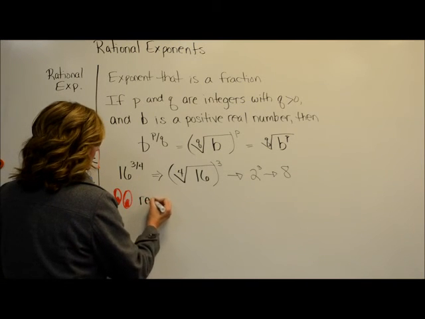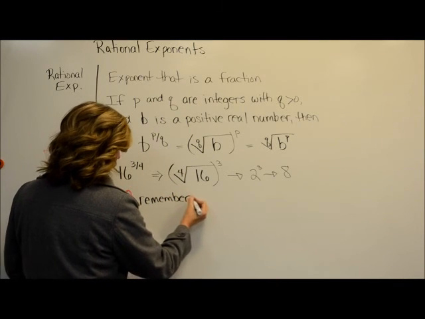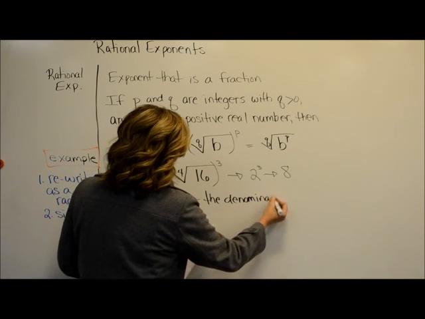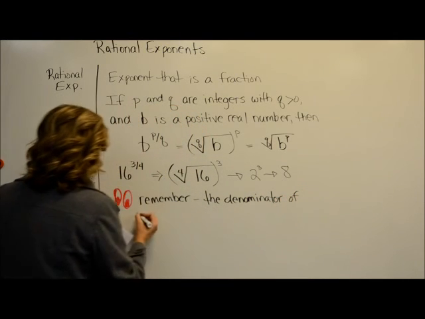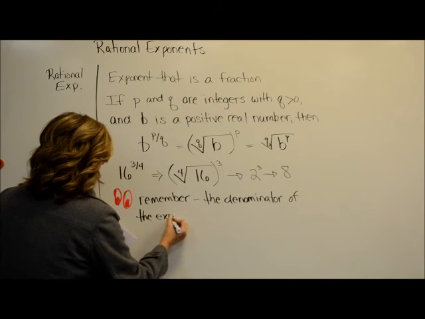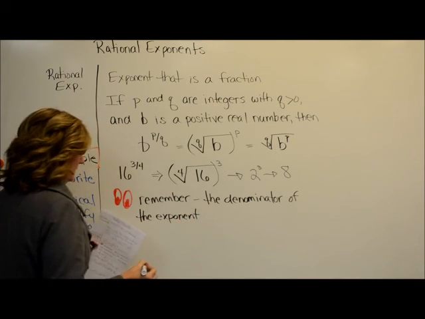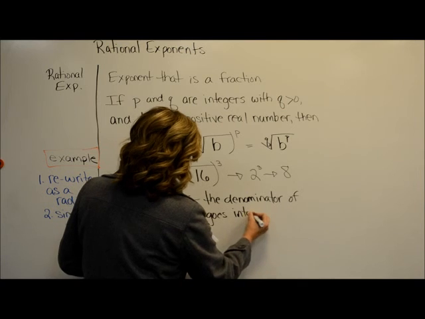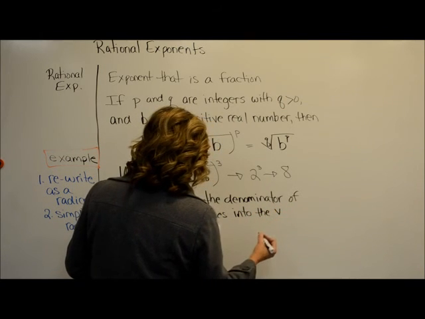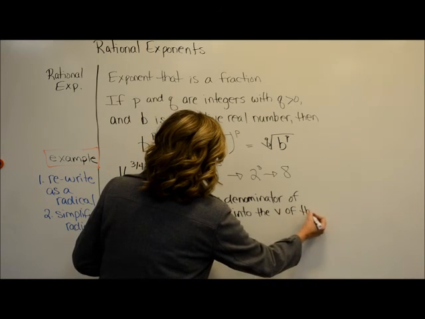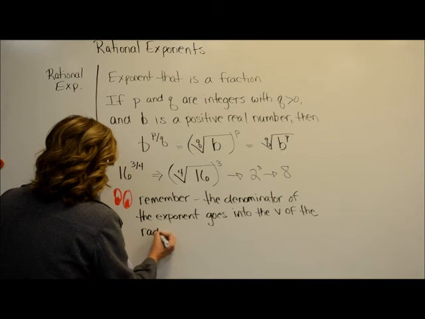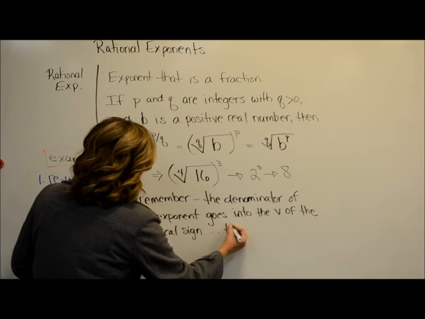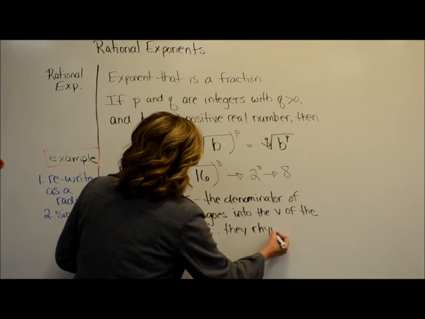So remember this: the denominator of the exponent goes into the V of the radical sign. They rhyme.